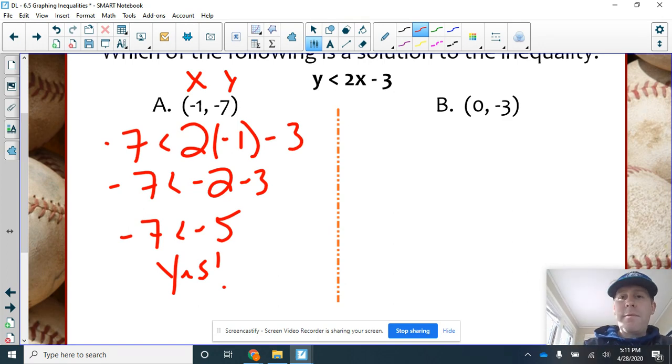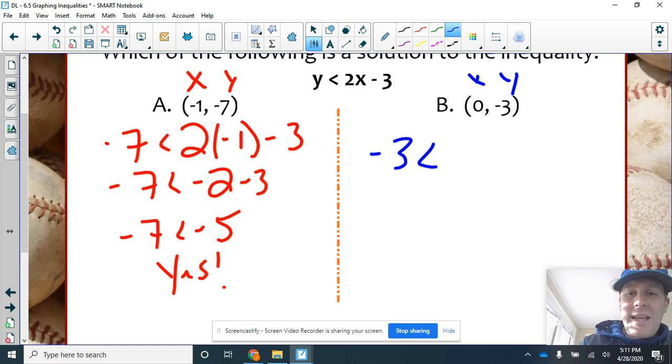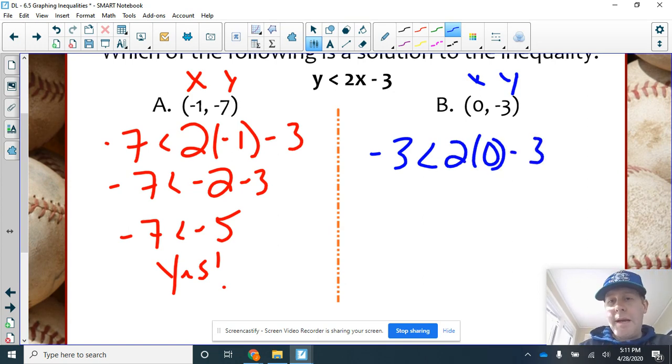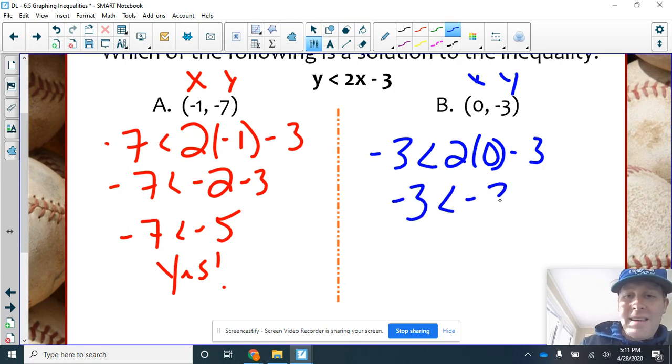Let's do the same thing with the point 0, -3. This has an x value of 0 and a y value of -3. I want to see, is -3 less than 2 times 0 minus 3? Well, 2 times 0 is 0. So is -3 less than -3? Here's the thing.